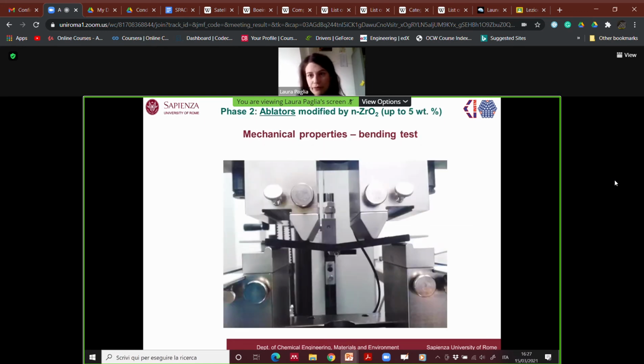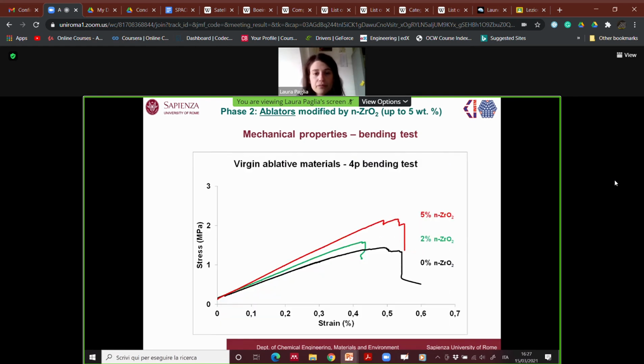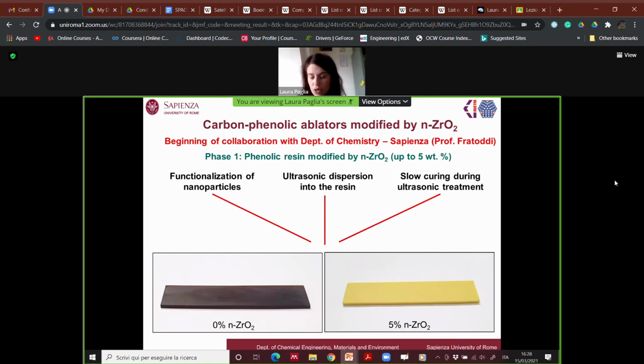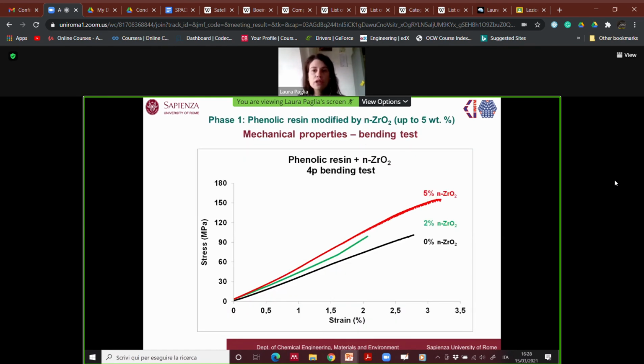This is only a photo of the 4-point bending test. And these are some other good results with the 5% of nanoparticles. Obviously, in this case, we have these results only with the phenolic resin and nanoparticles.